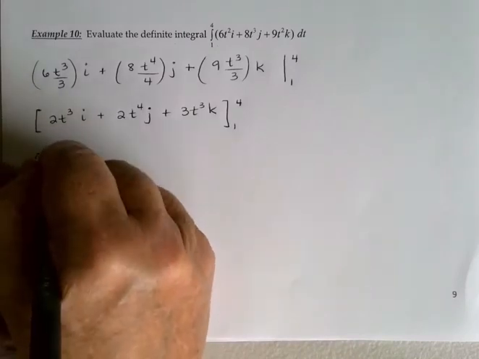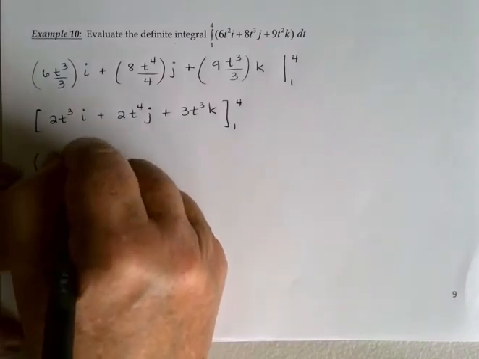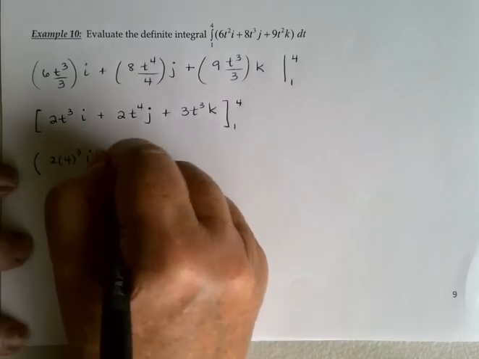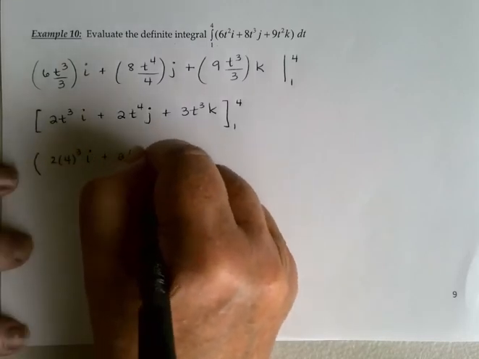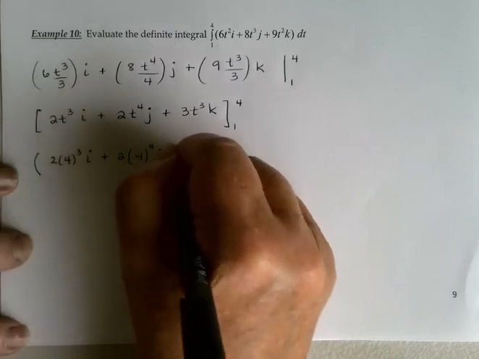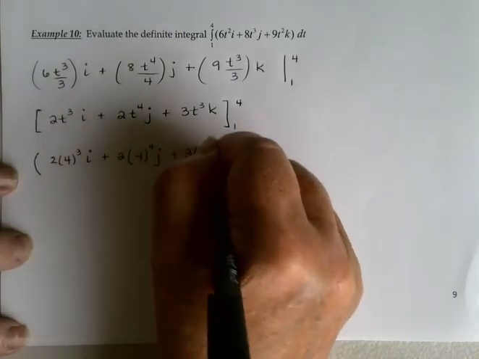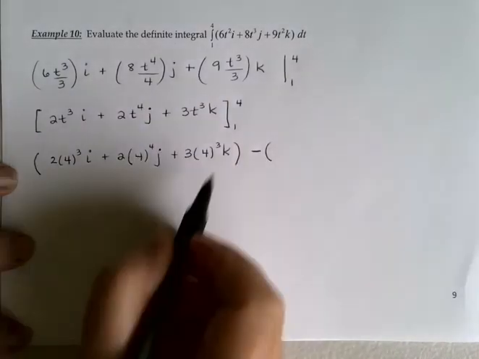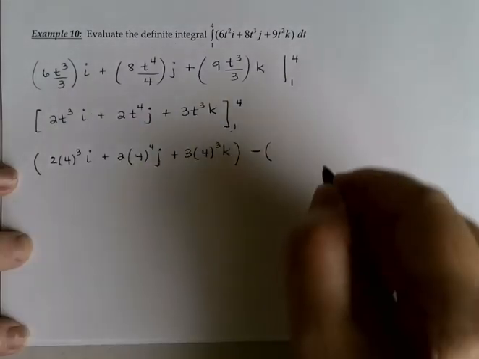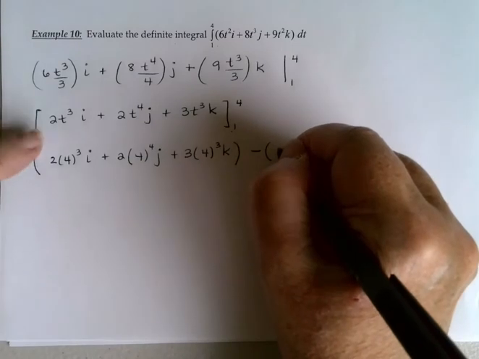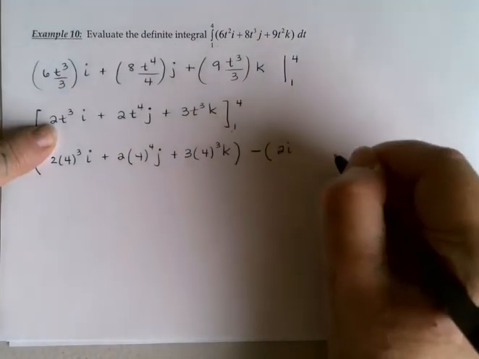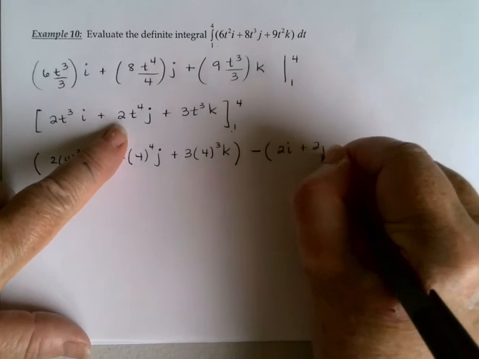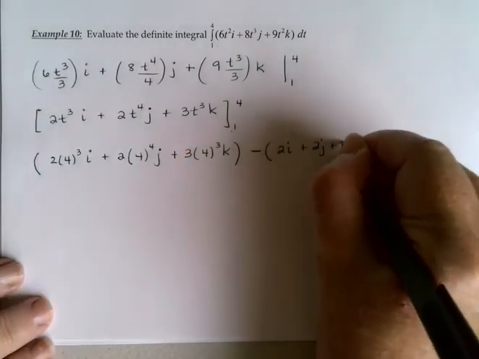So that's going to be 2 times 4 cubed i plus 2 times 4 to the 4th j plus 3 times 4 cubed k. And then we subtract what we get when we plug in the lower limit of integration. That's just a 1, so that one's simple. 2i plus 2j plus 3k.